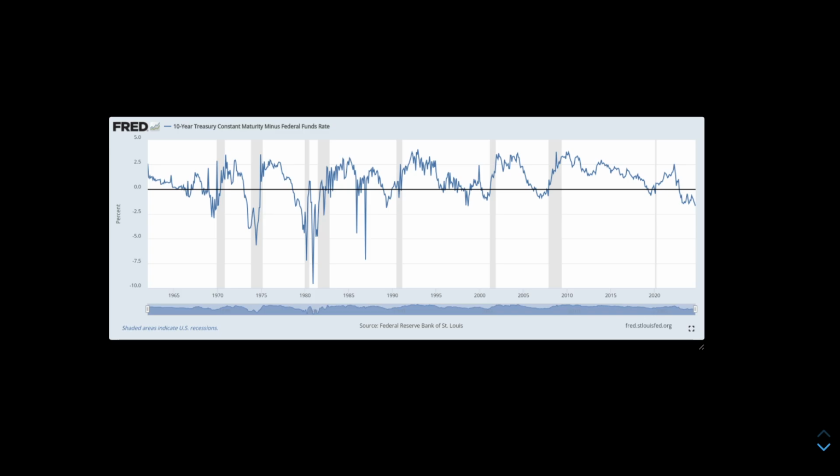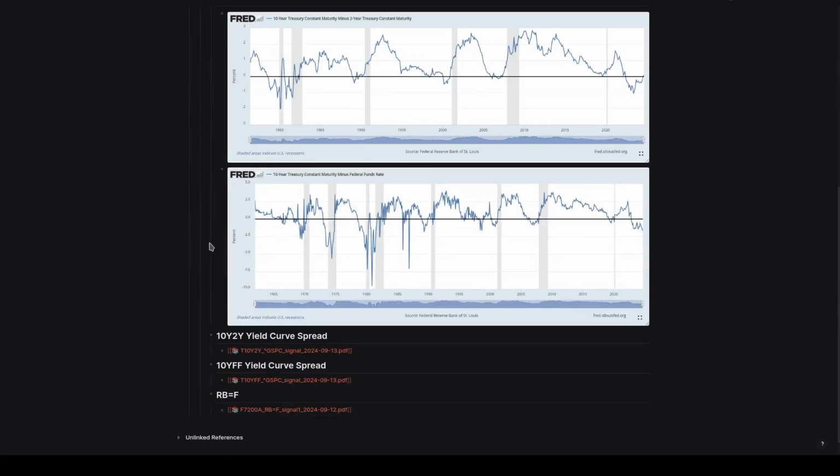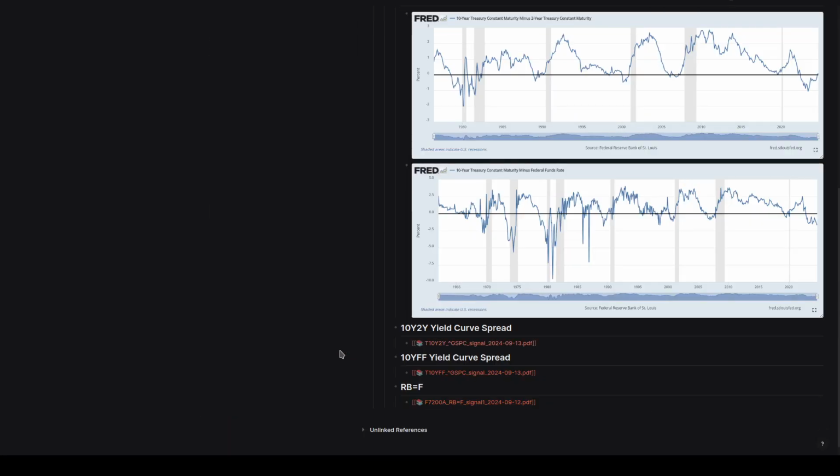But looking at a chart like this can be very costly if you don't break down the numbers. So let us try to break down some numbers, right? So we're going to be looking at the 10-year.